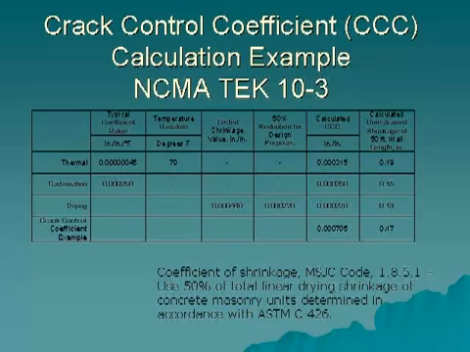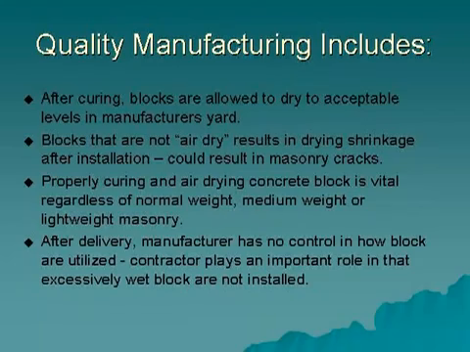The issue of drying shrinkage is addressed by standard ASTM C 90, which limits drying shrinkage to less than 0.065%, as established by testing per ASTM 426, as we have previously demonstrated in previous slides. So good manufacturing practices include not only curing in a curing chamber, but including a period of time in which units are allowed to air dry at the block plant.